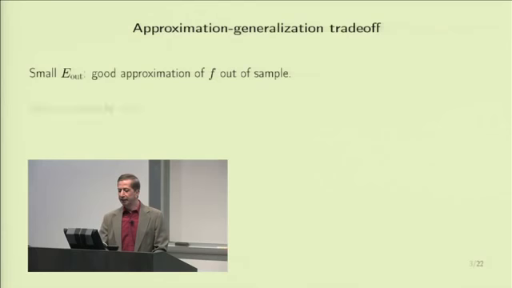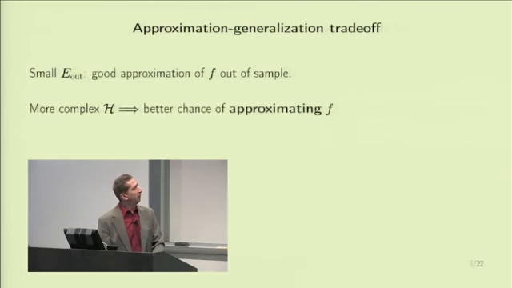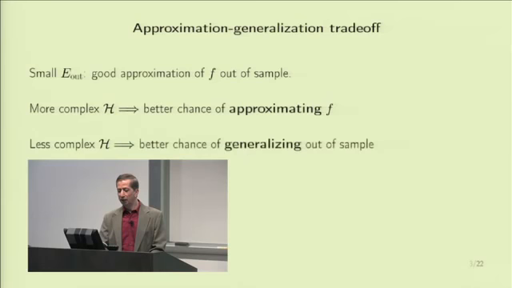In the case of a more complex hypothesis set, you are going to have a better chance of approximating F, obviously. I have more hypotheses to run around. I will be able to find one of them that is closer to the target function I want. The problem is that if you have the bigger hypothesis set, you are going to have a problem identifying the good hypothesis. That is, if you have fewer hypotheses, you have a better chance of generalization.